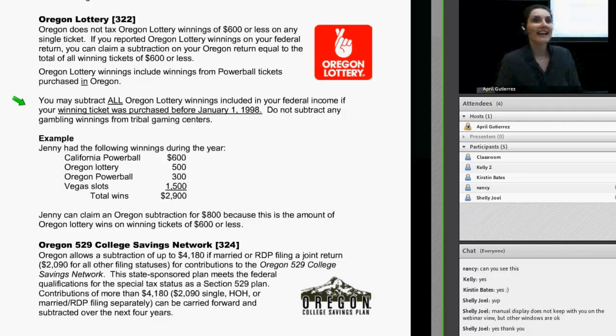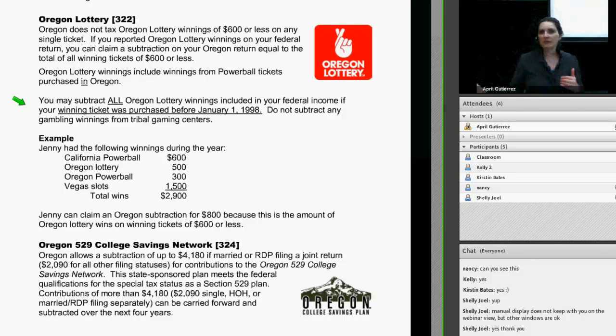Well, it happens to be that before 1998, any amount of Oregon lottery winnings were a subtraction on Oregon. You could win the big one, $1 million, and you'd have a subtraction on Oregon for the whole win. And at some point, Oregon said, we're going to stop it at $600, right? But that law is not retroactive, and there are some people who purchased winning tickets prior to 1998, who instead of claiming all of the big win at one time, elected to receive payments over 30 years, 20 years, something like that.